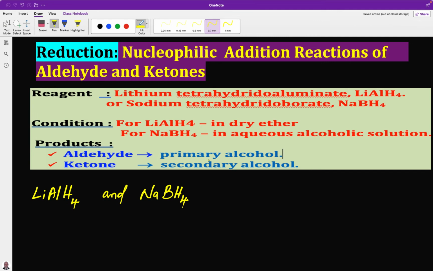This is reduction. All these are acting as reducing agents.